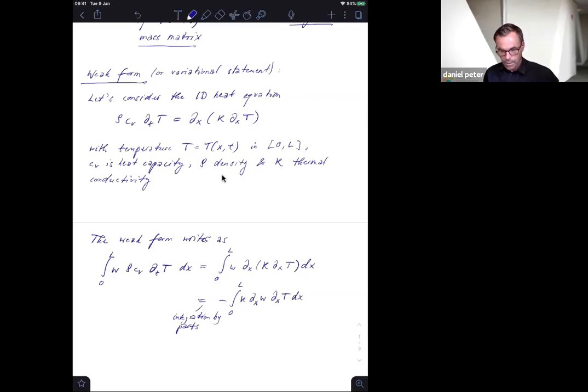And then plus the second term where we have the derivative over the whole expression, W times kappa times derivative of T, dx.